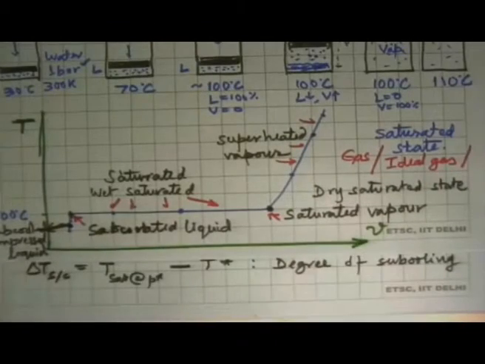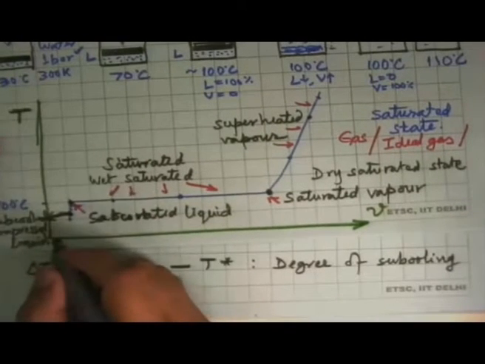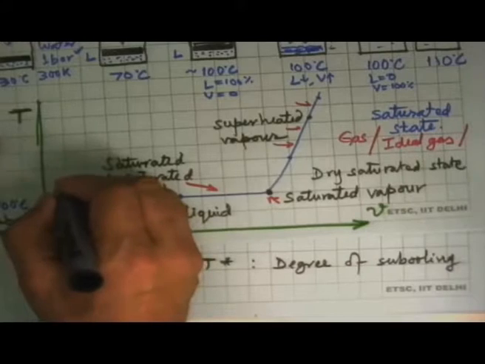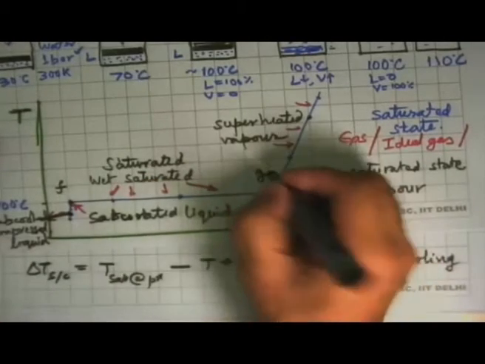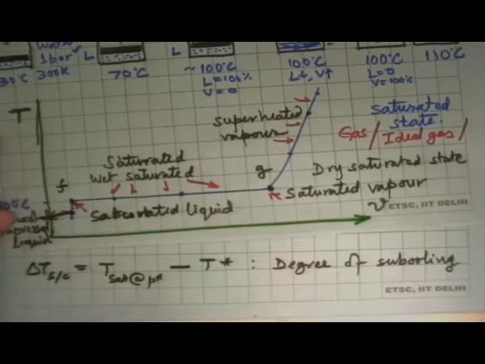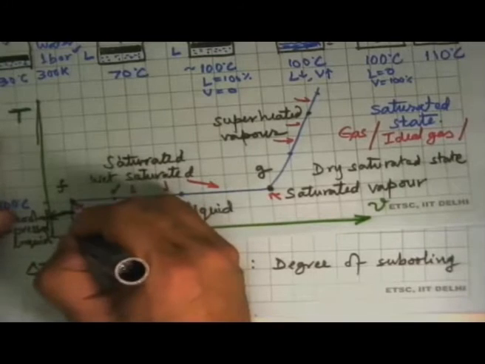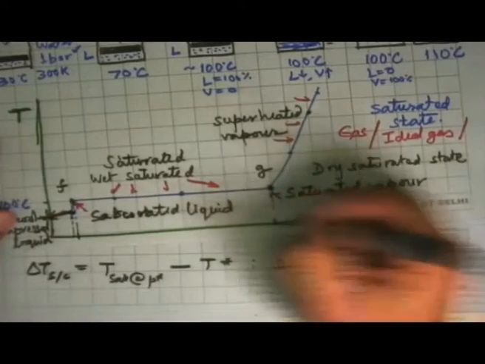We can say one more thing now that we have looked at specific volume. In this picture, we will denote the saturated liquid phase by a subscript f and the saturated vapor phase by a subscript g, fluid and gas. So specific volume at this point was this, specific volume here was this.